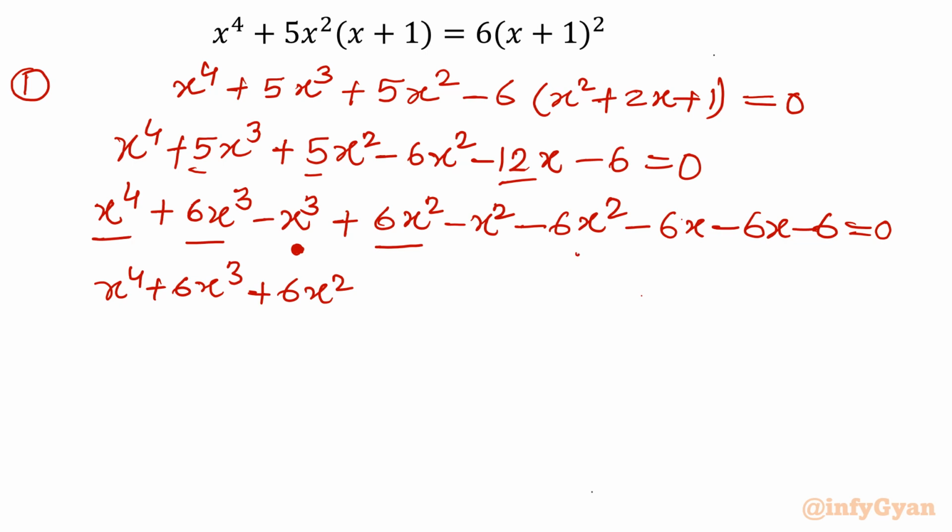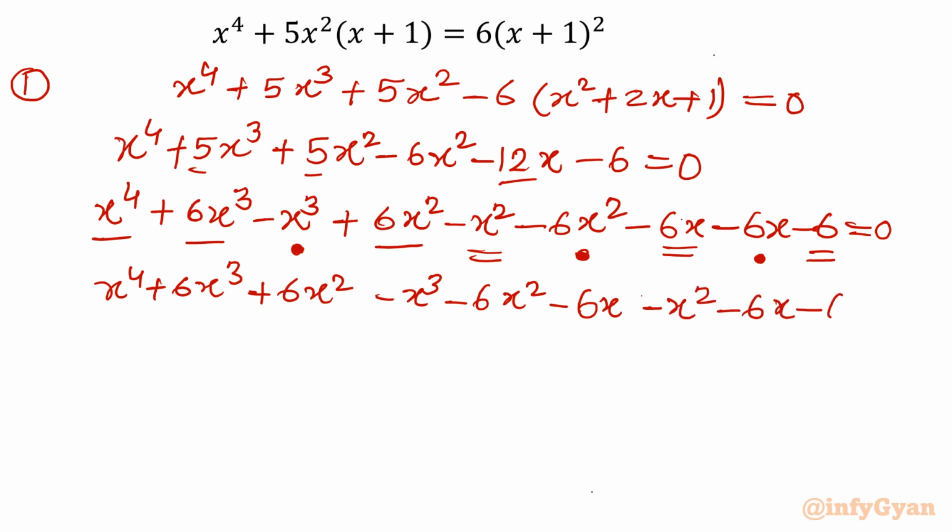I am taking a second bracket: minus x cube, minus 6x square and minus 6x. What is left? I am double underlining it. So left is minus x square minus 6x minus 6 equal to 0.